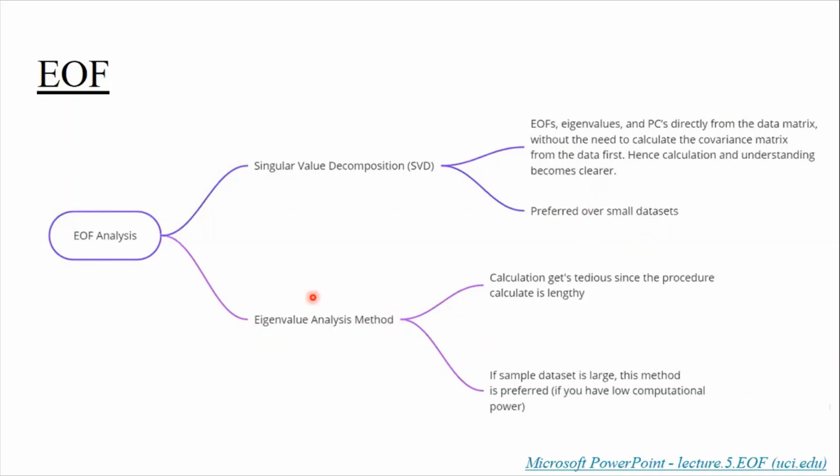Another method is the eigenvalue analysis method. The calculation gets tedious since the procedure also involves calculating the covariance matrix and then performing SVD over it. This calculation goes quite lengthy. If the sample dataset is large, this method is preferred. If you have low computational power and the sample dataset is large, you can use the eigenvalue analysis method to calculate EOFs from the anomaly matrix.